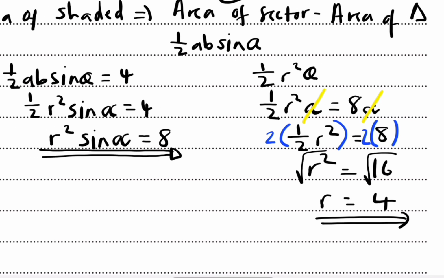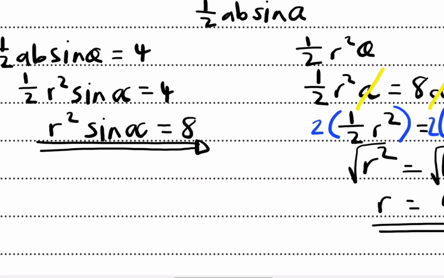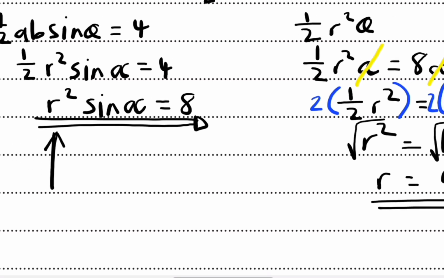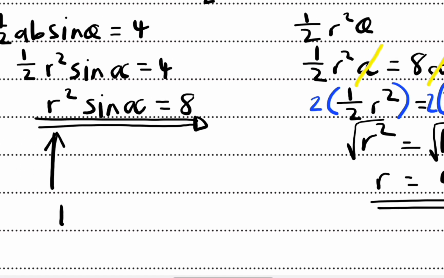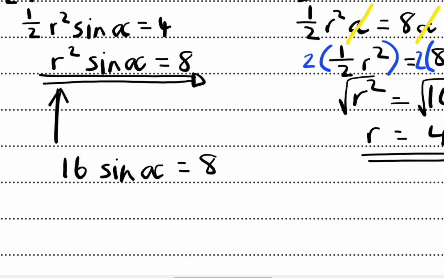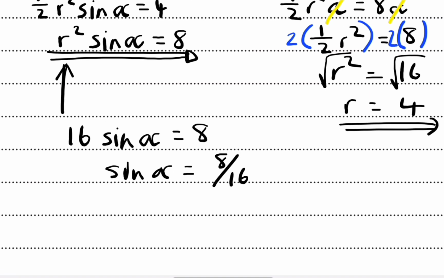Then with that value of r, we're going to substitute it in this first equation. So r squared will be 4 squared, which is 16, sine alpha equals 8, right? And sine alpha will come down to 8 over 16 after dividing by 16 on both sides, and our alpha will be arc sine 8 over 16, right?